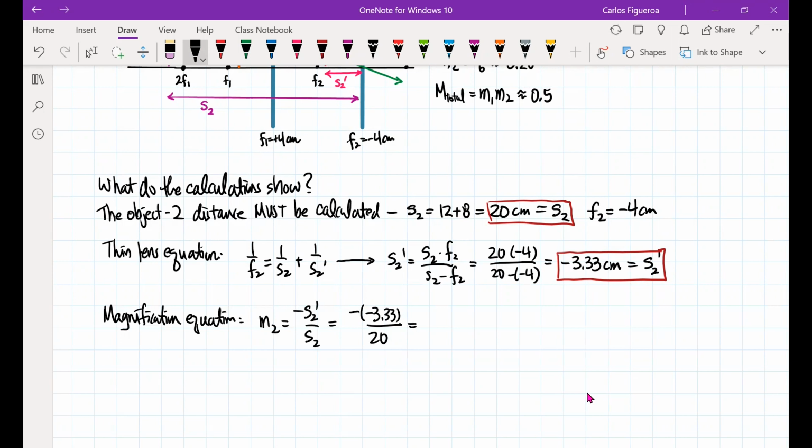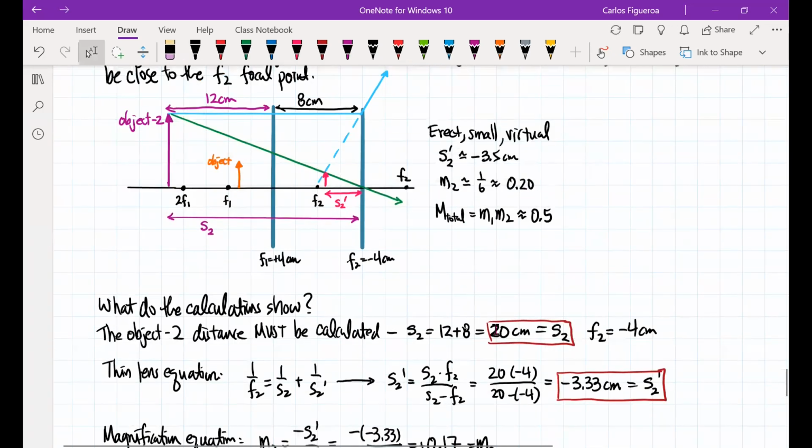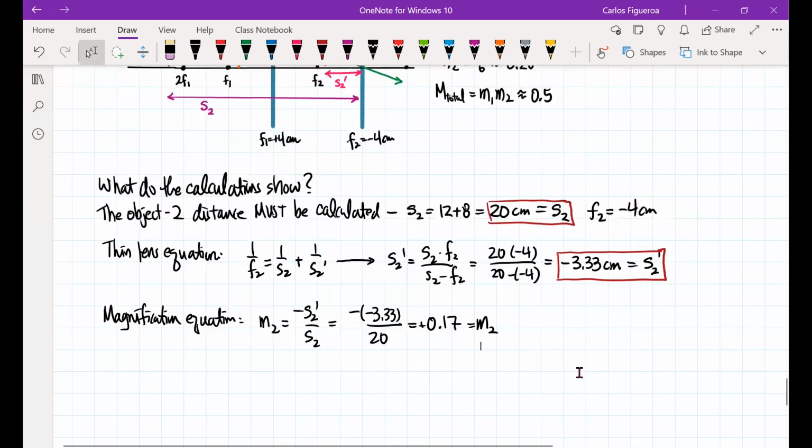And I get 0.17. Look at that. That's nice because we were guessing that that's about 1/20th. And look what I got, 0.17. That's great.